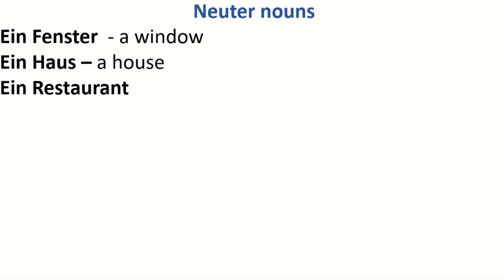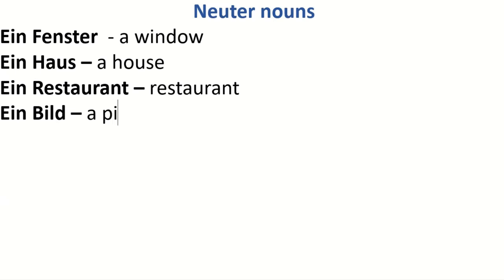Or we can pronounce it like Restaurant. It's a restaurant. Ein Bild is a picture.